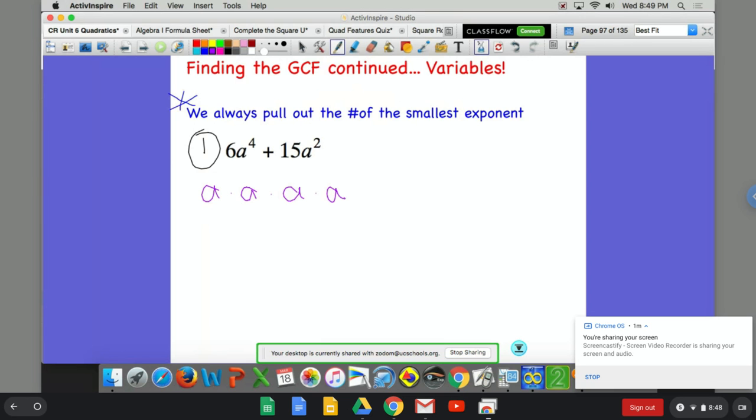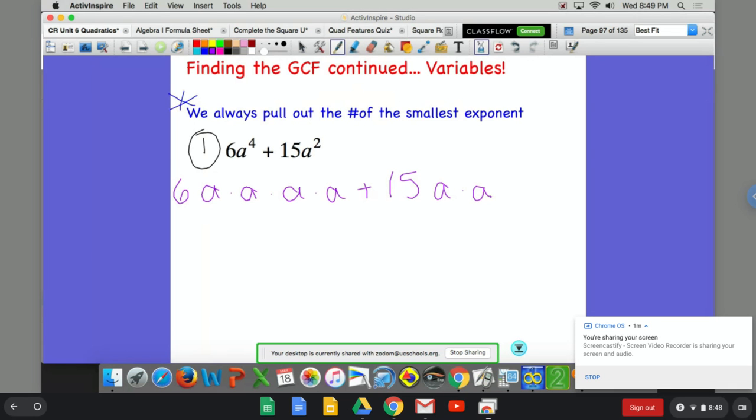That's what a to the fourth means. So we really have 6 4a's plus 15 and then a squared, which is a times a.